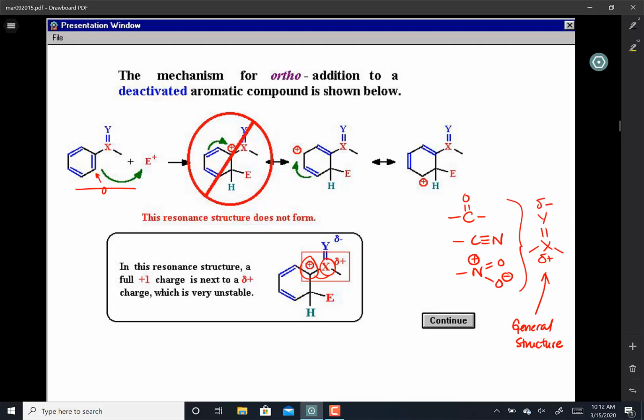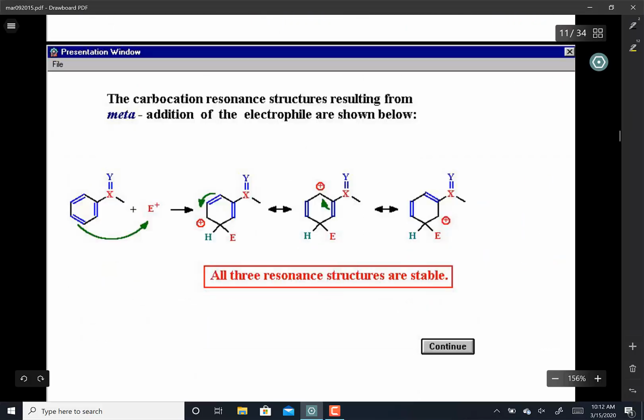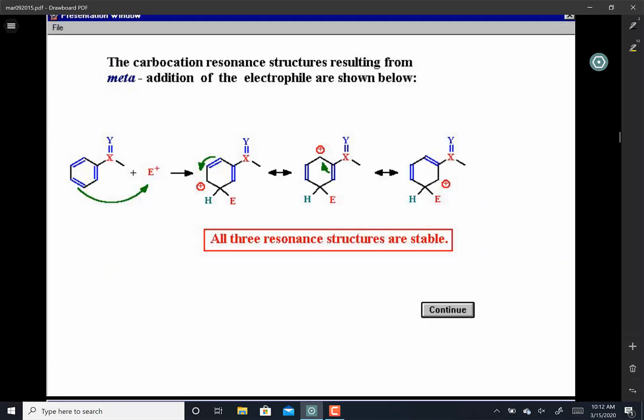Putting the plus charge next to the group is bad. It forms an unstable resonance structure. So now I've only got 2 resonance structures. Before, when I added the electrophile to the meta position, I got 3. 3 was not as good as 4, but in this case, none of those 3 resonance structures turn out to have a positive charge next to the group.